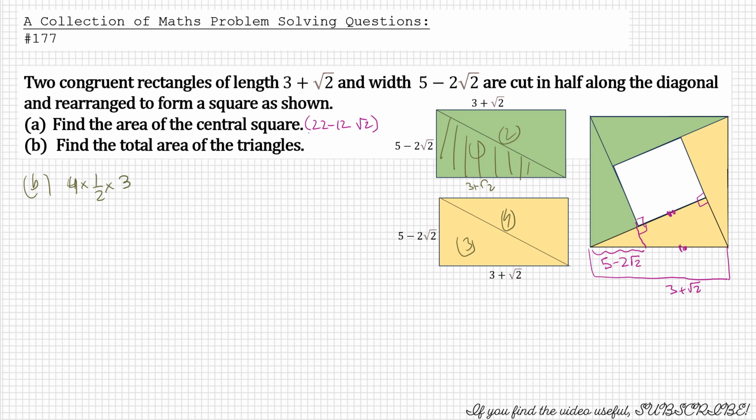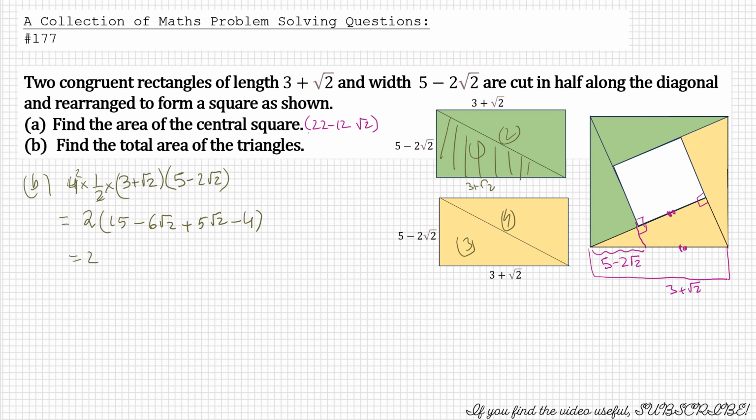So it will be 3 plus root 2 multiplied by 5 minus twice root 2, and that would be times 2. So twice of 3 times 5 is 15, minus 2 times 3 is 6 root 2, plus 5 root 2, minus 2 times 2 is 4.